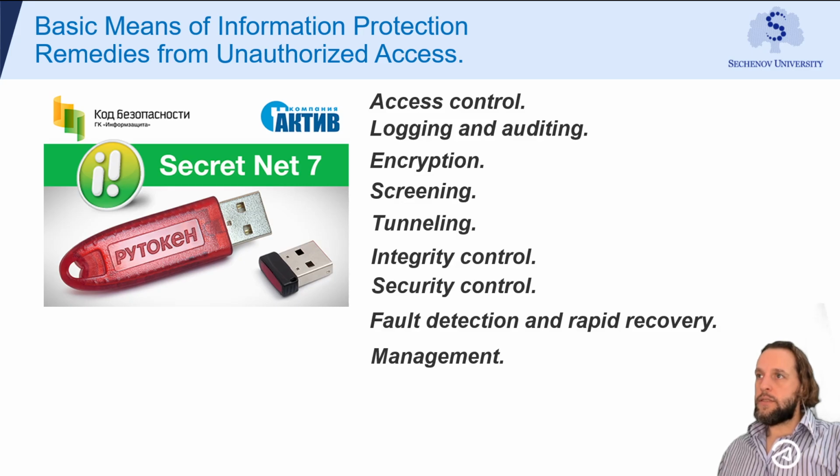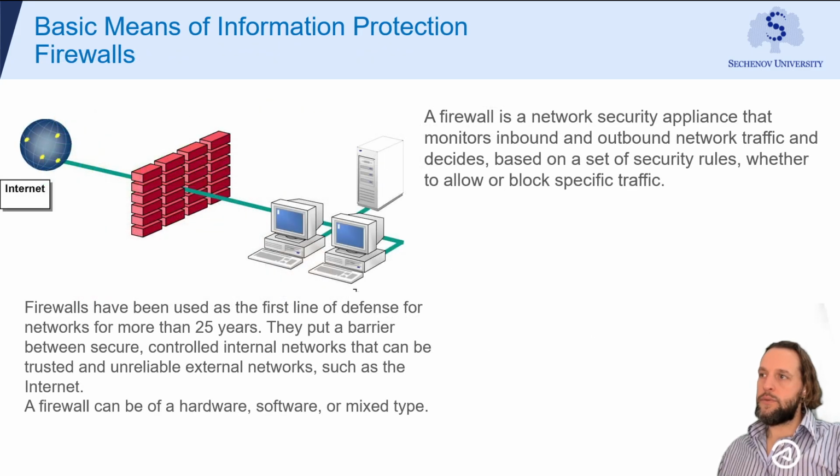Another way is to introduce digital signatures and tokens. These tokens could be used to encrypt data, to make secure tunnels, or to get access control for the information. It's a physical device which is used in the system to provide you with access to the system.